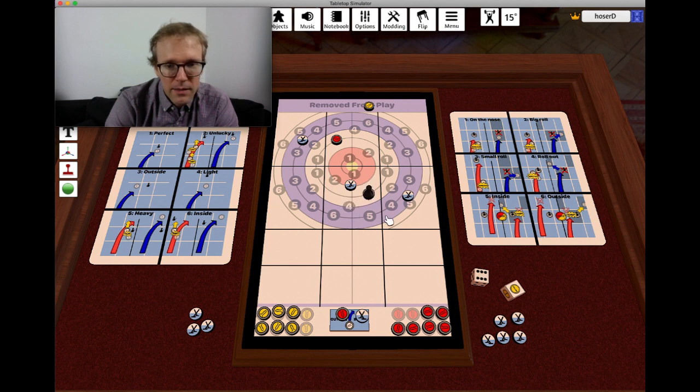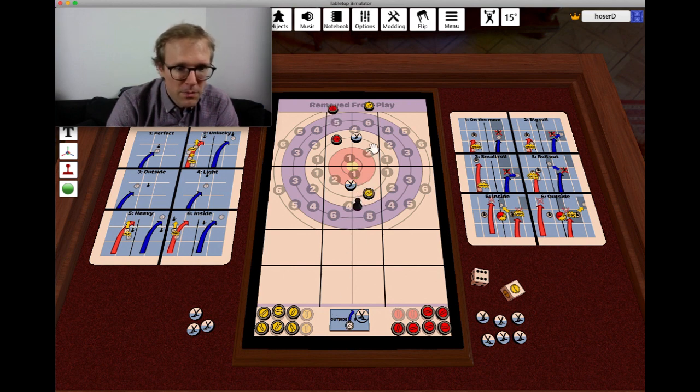Let's take a look at the 1 outcome. These are the threat zones. So again, if you make this outcome, your thrown stone is out of play because you made contact. The stone you hit is out of play because you made contact. And now we're flipping the fate token to decide if anything else gets hit.